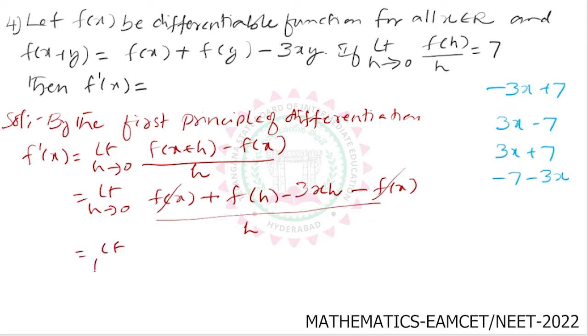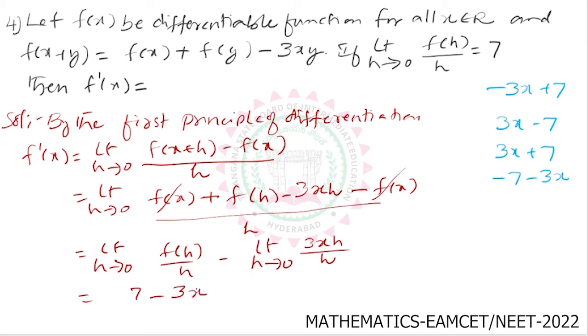So if I simplify this, limit h tending to 0, f h by h is one term, minus limit h tending to 0, 3xh by h another term. So here he has defined that f h by h is nothing but 7. So this becomes 7 minus, this h cancels. So there is no h remaining. It is only minus 3x. So the answer is 7 minus 3x. So my option is the first option.